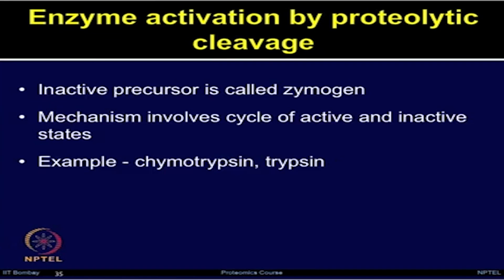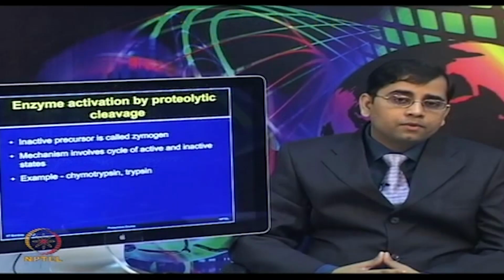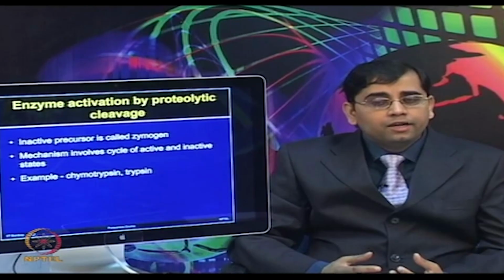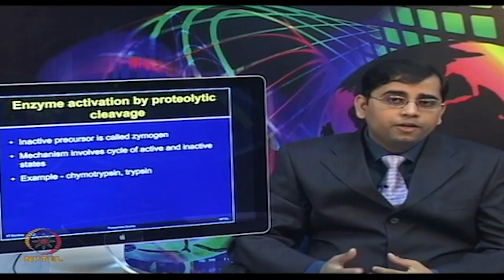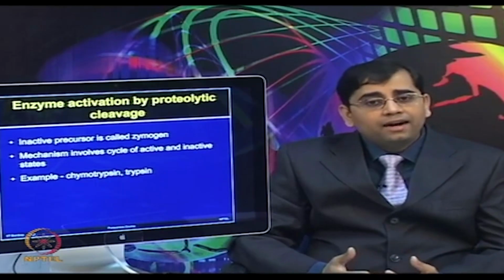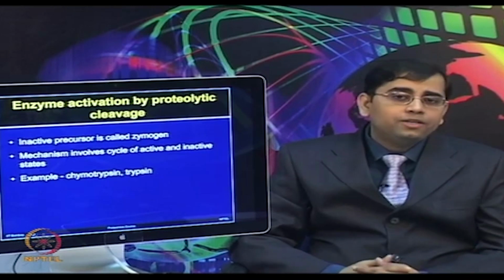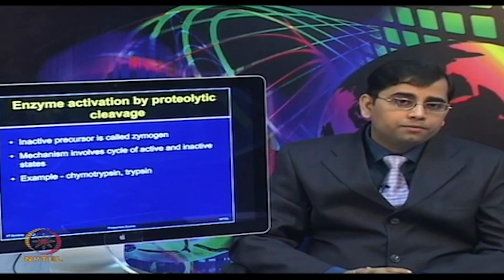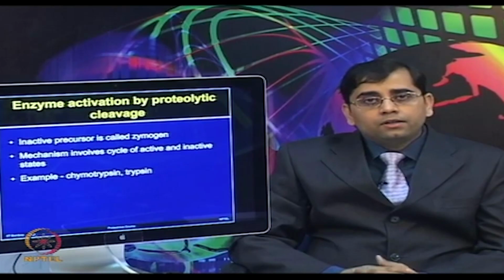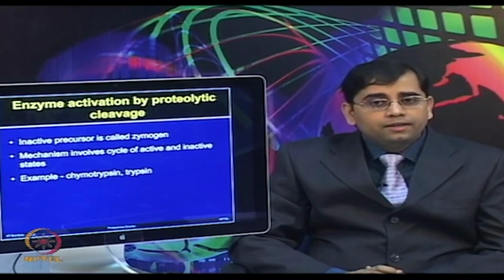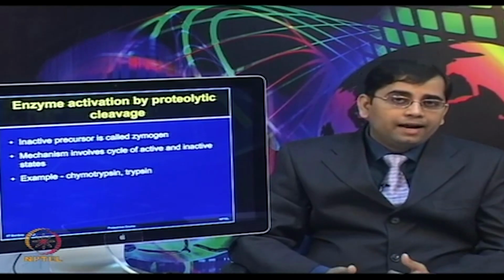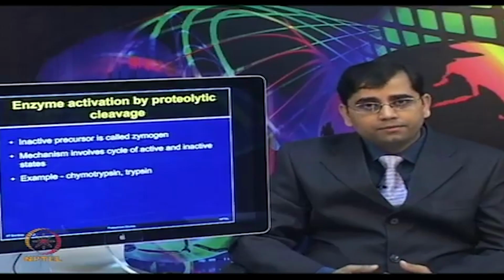One of the classical examples is the enzyme chymotrypsin, which is present in the digestive tract. Trypsin converts chymotrypsinogen, which is a zymogen, into the active chymotrypsin by hydrolyzing a peptide bond. Blood clotting, due to a cascade of zymogen activation, is another example.